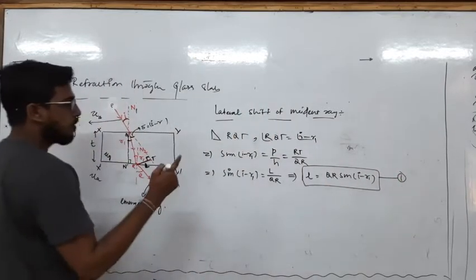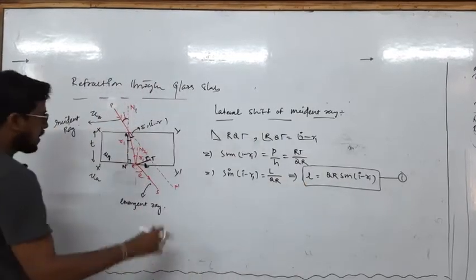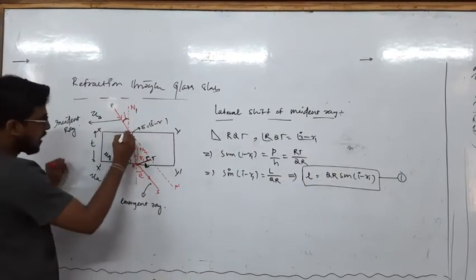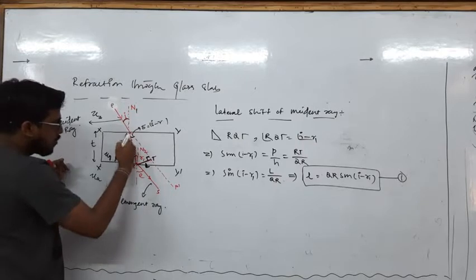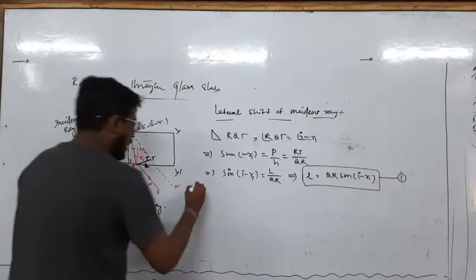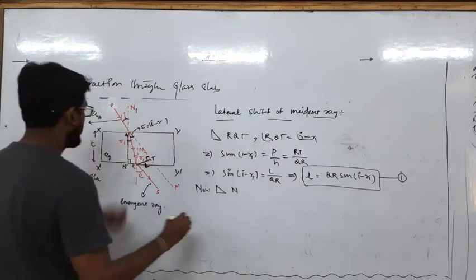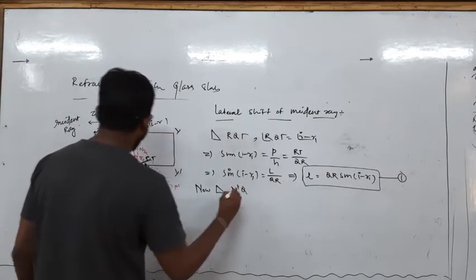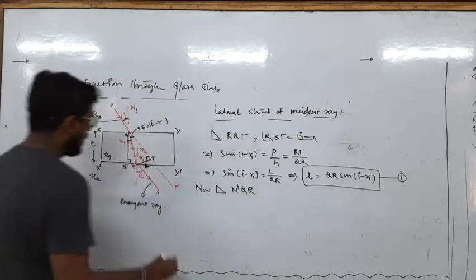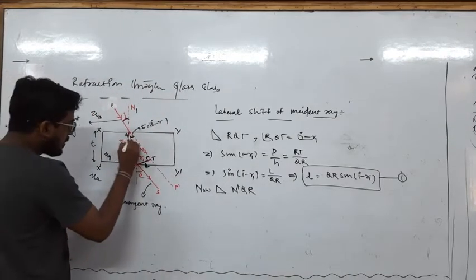Let it be equation 1. Now I have to find the value of QR. Consider another right angle triangle QN'R. In the right angle triangle N'QR, this angle is R1.